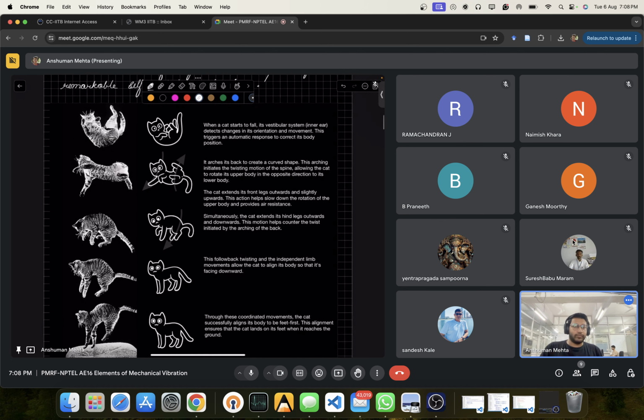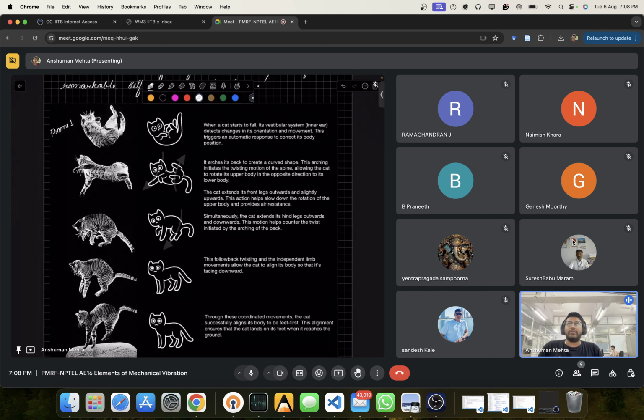As you can see, this is frame one. What is happening in this frame is that when the cat starts to fall, its vestibular system, or I will say the inner ear, detects it. We all have in our brain one small gyroscope, which always tells us what orientation we are in.